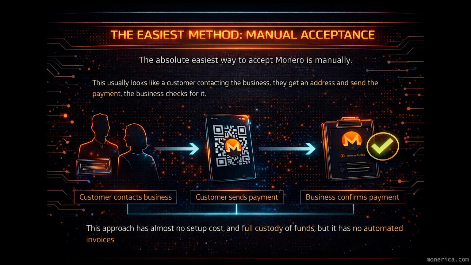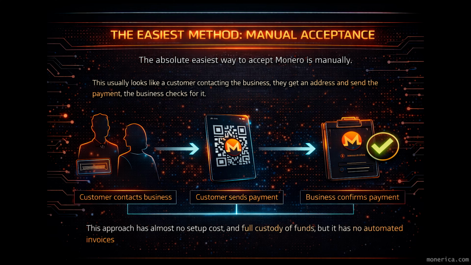The easiest method, manual acceptance. The absolute easiest way to accept Monero is manually. This looks like the customer contacting the business, the business sending a Monero address, the customer sending payment, and the business manually checking that the payment arrived. Another variation is simply posting a Monero address directly on a website and instructing customers to send payment there.